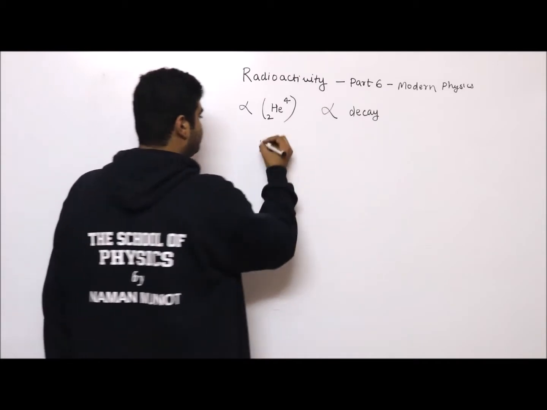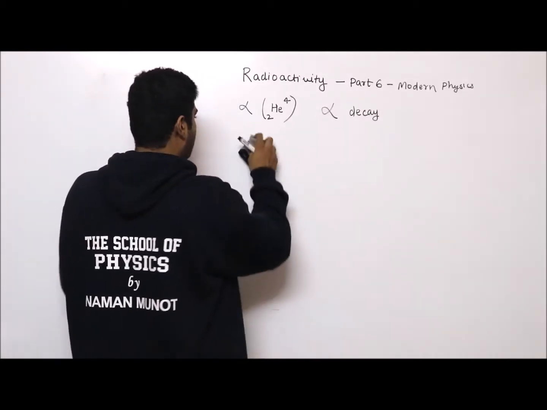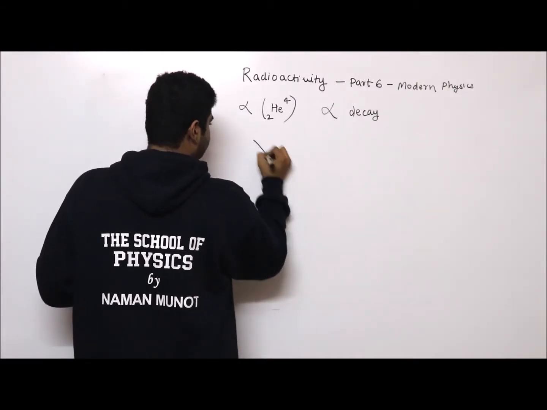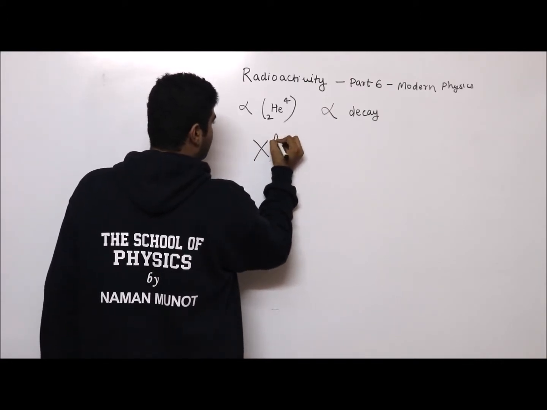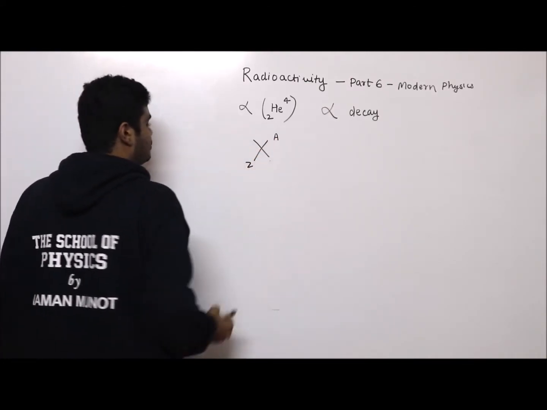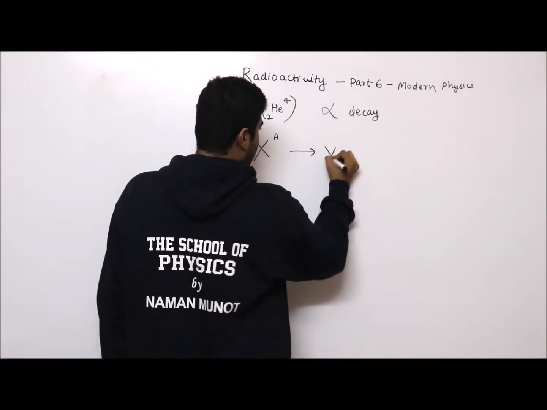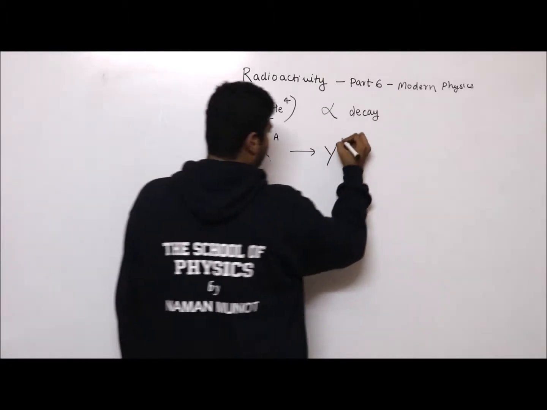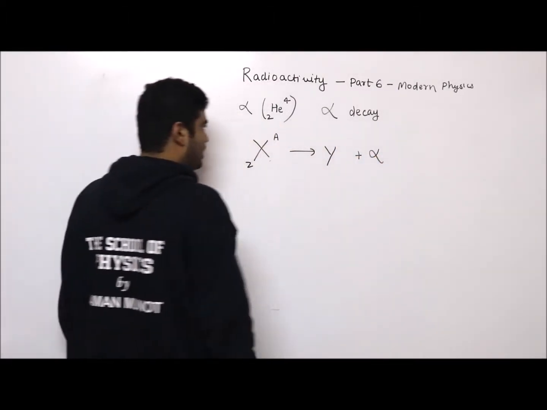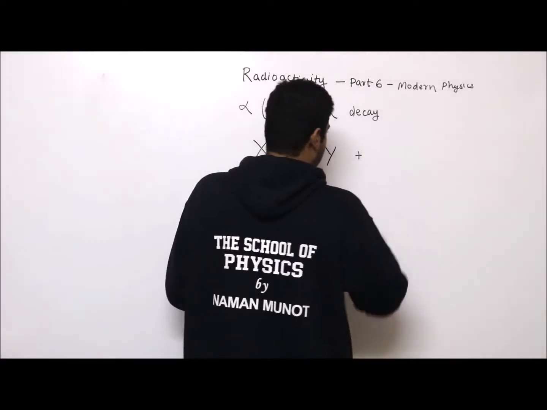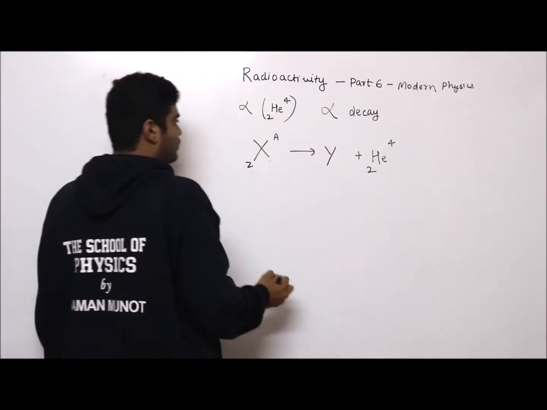Say you have this X particle, which has mass number A and atomic number Z. Now it converts into Y. So there is an alpha decay happening. It converts into Y, and here comes an alpha particle, which we write as a doubly ionized helium atom, He 4 2.